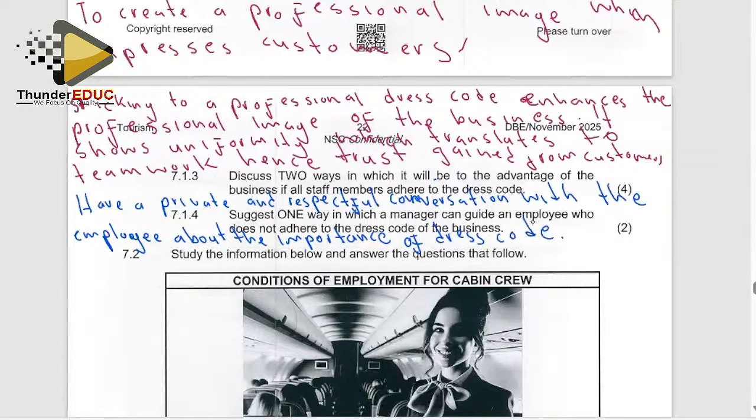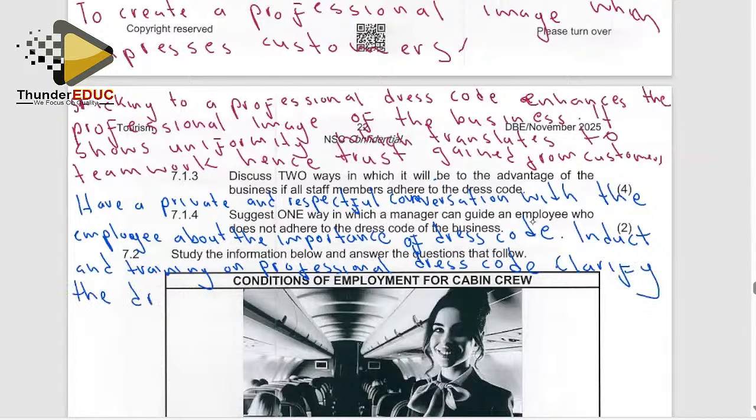After you do that, you also induct, that is, training on professional dress code. Then in addition to that, clarify the dress code expectations. Perhaps the person does not know.